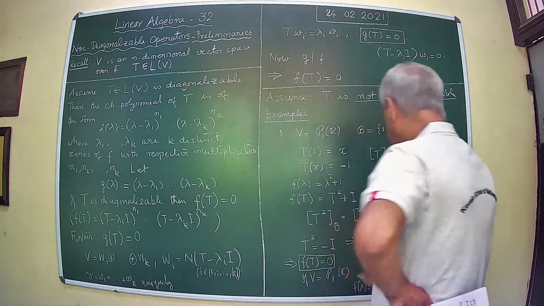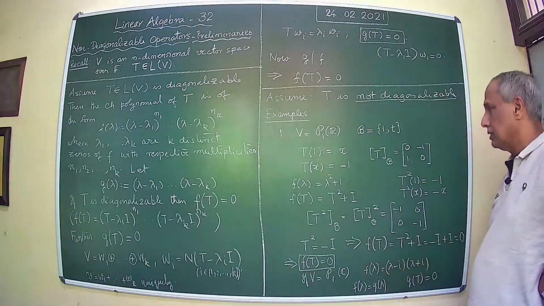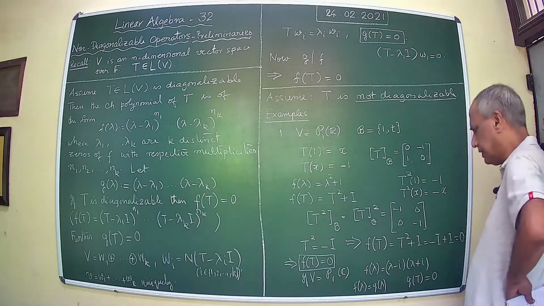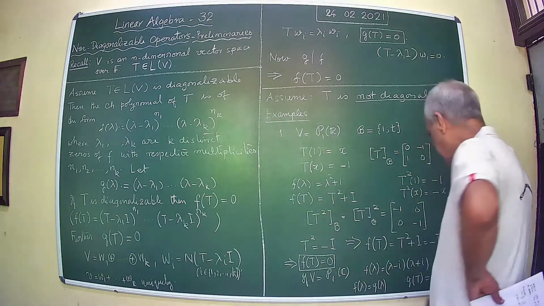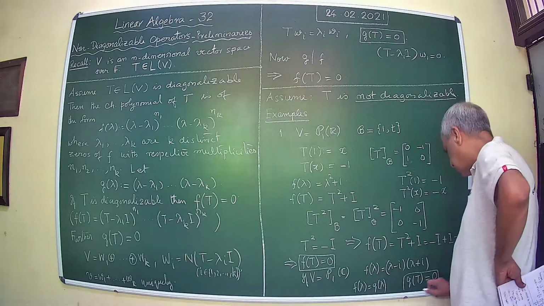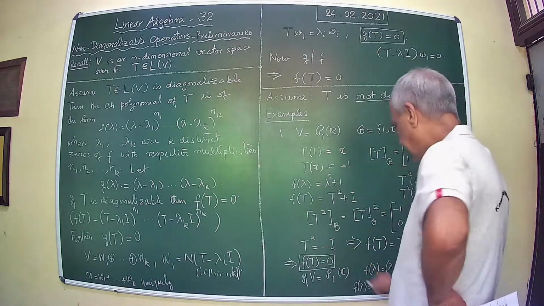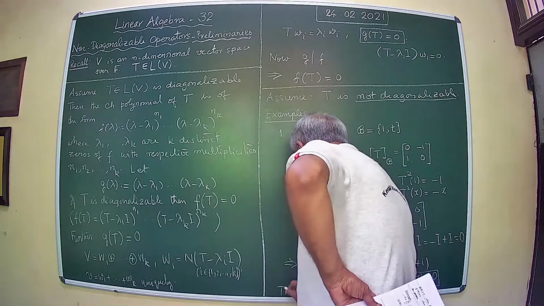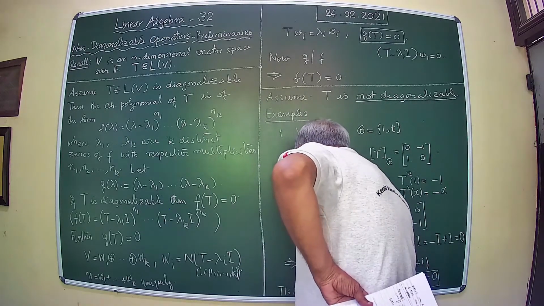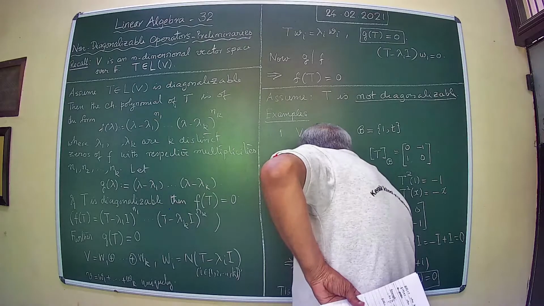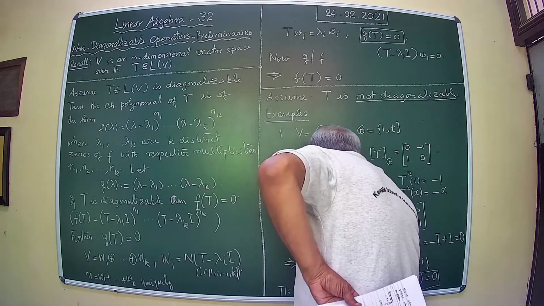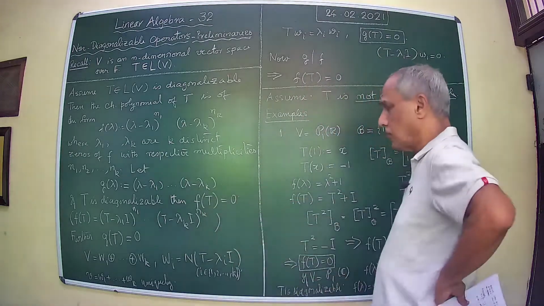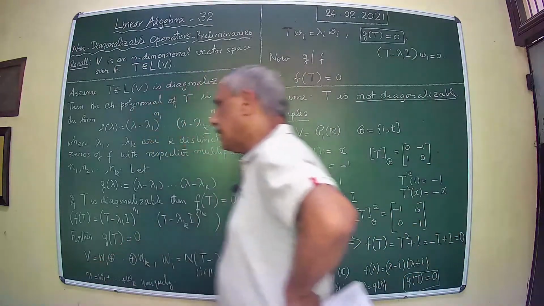And of course, in the diagonalizable case of P1C, g of T is defined, g of T equal to f of T, therefore both f of T equal to 0 and g of T equal to 0. This is the special case, diagonalizable. So here T is diagonalizable, because you can show that the actual splitting of V takes place.